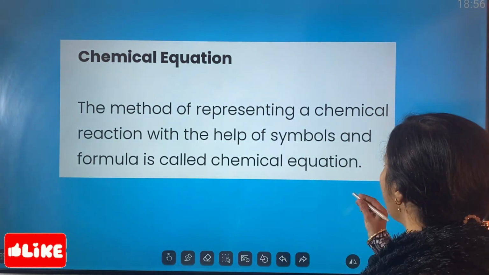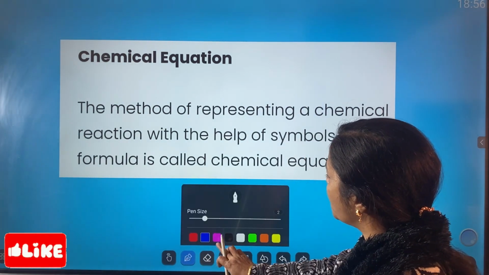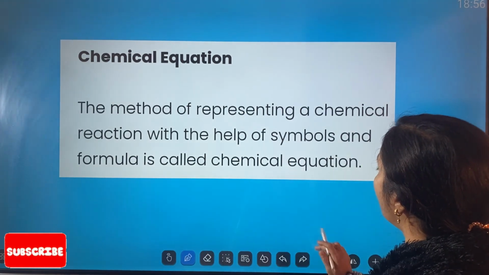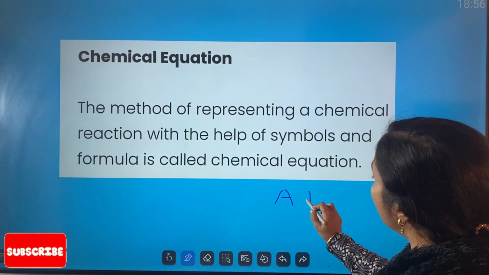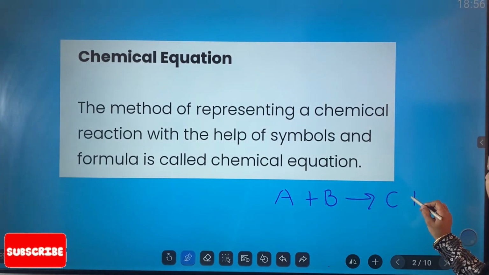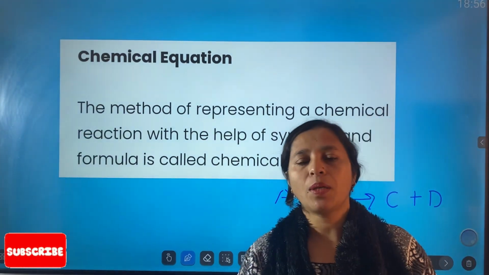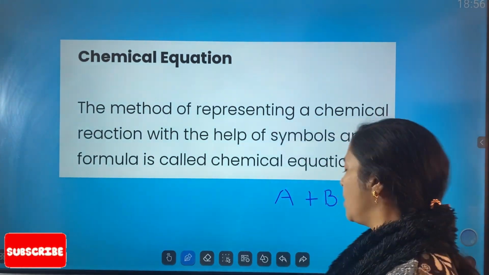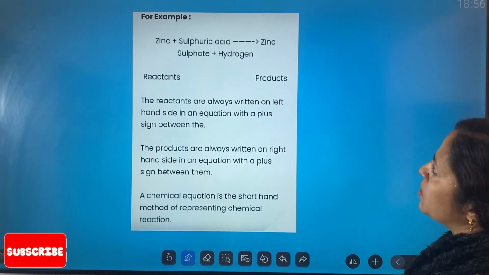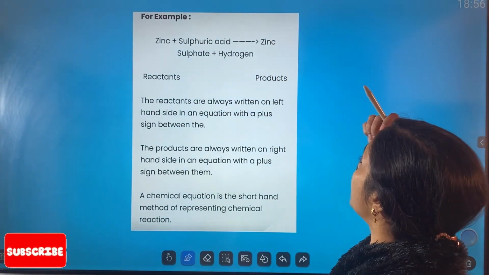For example, suppose A and B are reactants, then they will react to give you C and D or a lot more products. So this is how a chemical equation can be represented. We'll be studying more about it. For example, we have to react zinc and sulfuric acid.